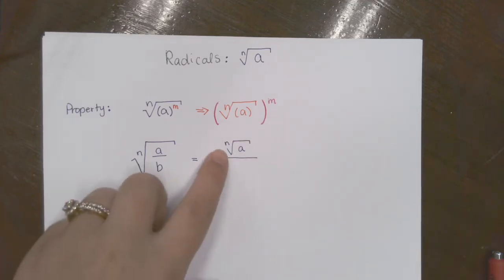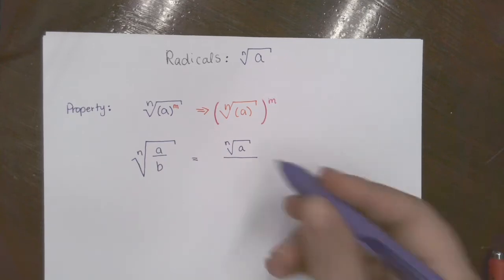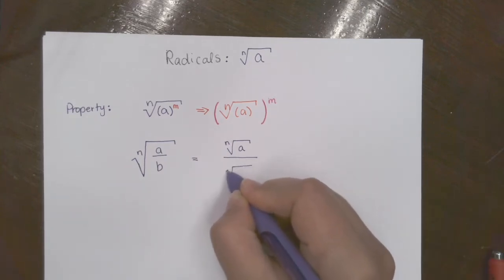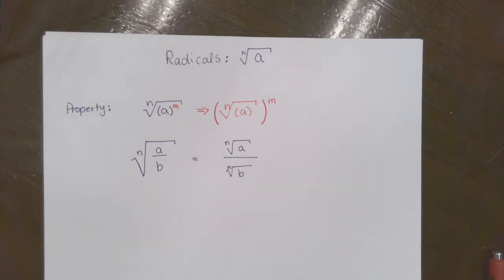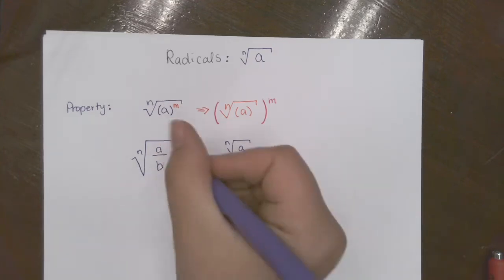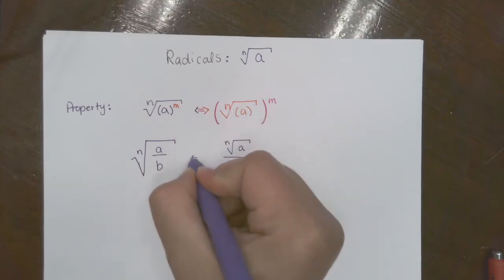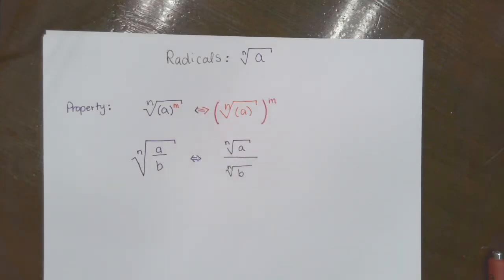We call this nth root because it can be anything. On top, and that same root on the bottom. We can separate it. Now we can also combine it, so this is a double arrow. It can go forwards, it can go backwards. If I need to combine things to make life easier, do it. If I need to separate things to make life easier, do it.